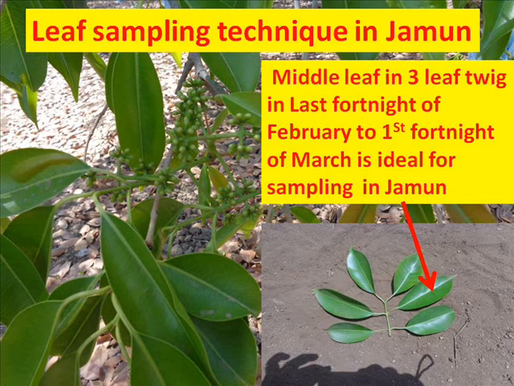We analyzed the samples in different months and we have the data. After observing these things, we concluded that the middle pair in 3-paired twigs, when the inflorescence is immature and still at bud stage, not yet opened, gives recently matured leaf irrespective of whether the variety is early, middle, or late maturing.